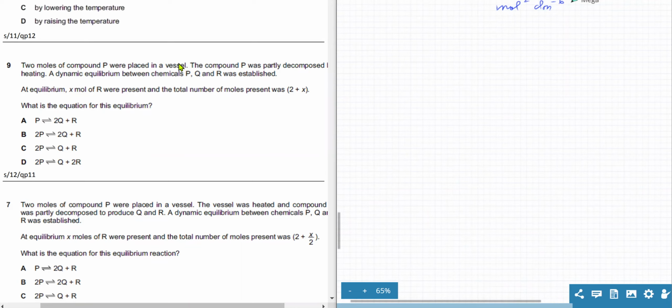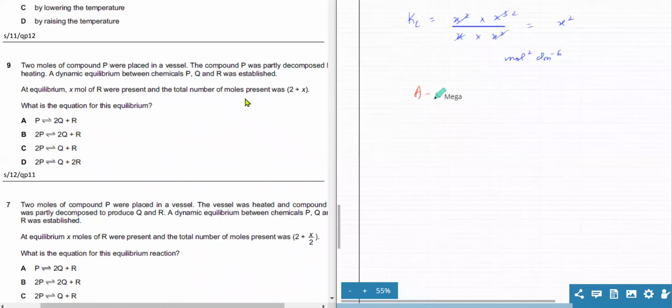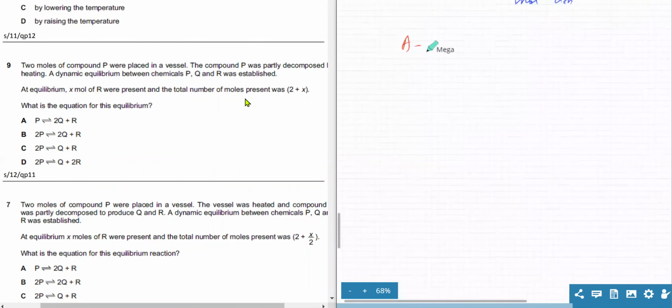So they've given you initial moles, and they've given you the equilibrium moles. What they haven't given you is the equation. That's a bigger problem, because if the equation is not with you, you would have to try each one separately. So I'm going to look at option A first and see if the data matches. A is P in equilibrium with 2Q plus R.